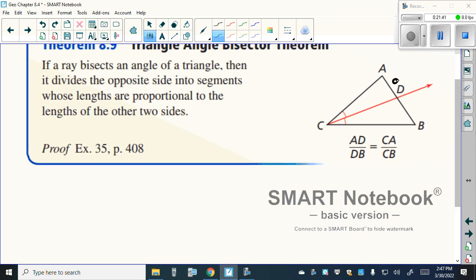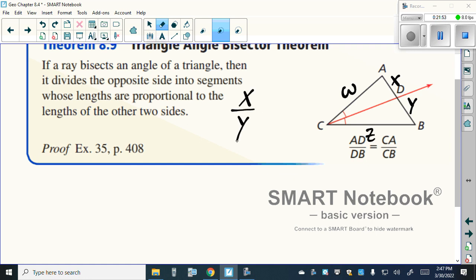So I'm going to call that A, and we can call this X, Y, W, Z. So X over Y, the two sides that the bisector cuts, are going to be proportional to the two sides that connect to them. So it's going to be W over Z. X on top, W on top, Y on bottom, Z on bottom. So they kind of work in those L shapes for the proportionality.